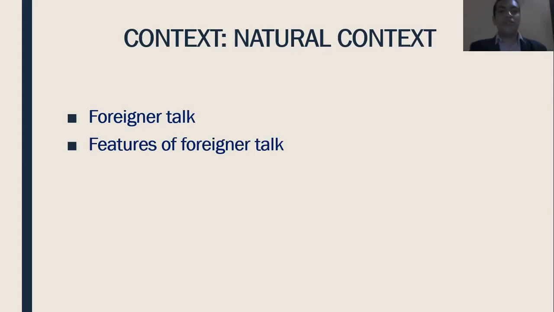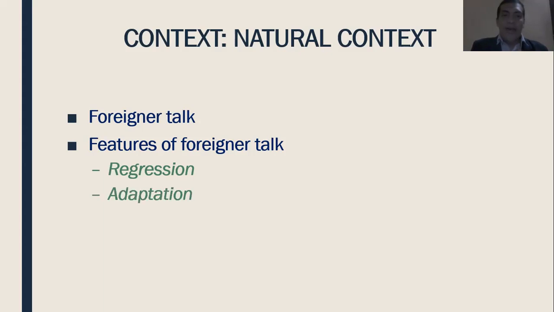And we have features of foreigner talk, okay? Number one, we have regression. Regression is when the native speaker speaks or explains what they want to say. Why? Because the learner does not have a good or high level of English.